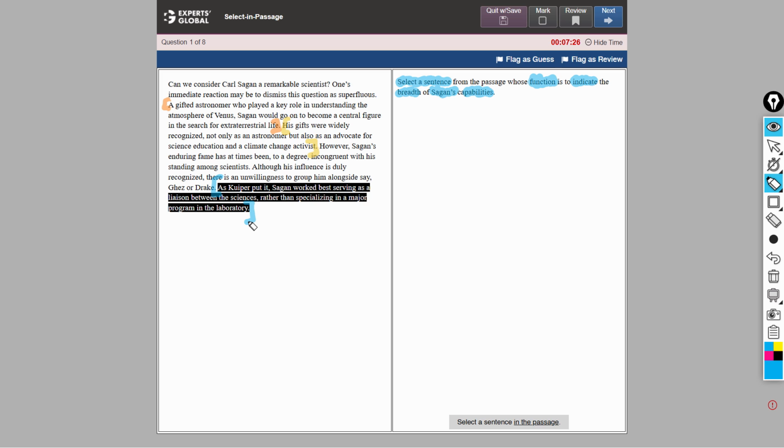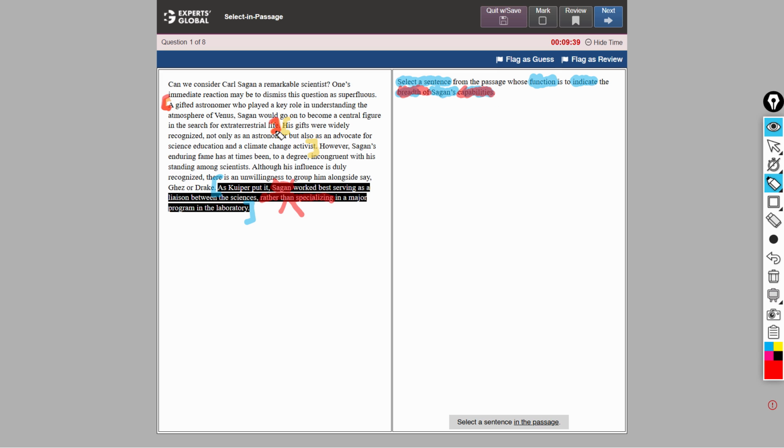Out of these three, the last sentence is the easiest to eliminate because this talks about the scientist's capabilities more from the point of view of the limitations that he had rather than the breadth of capabilities that we are looking for.